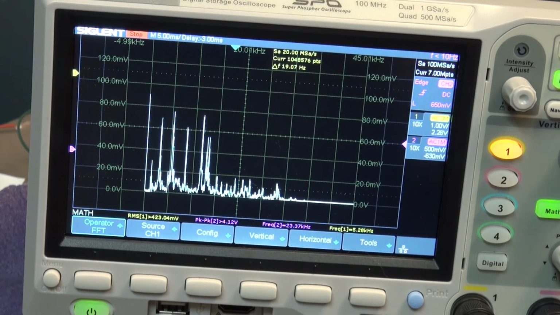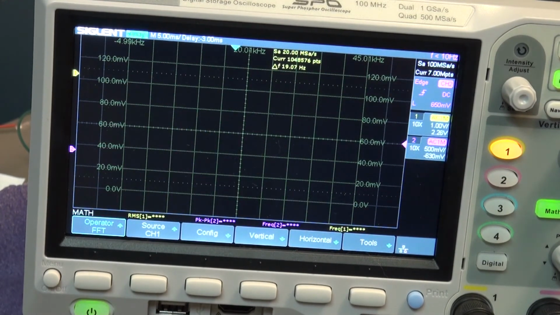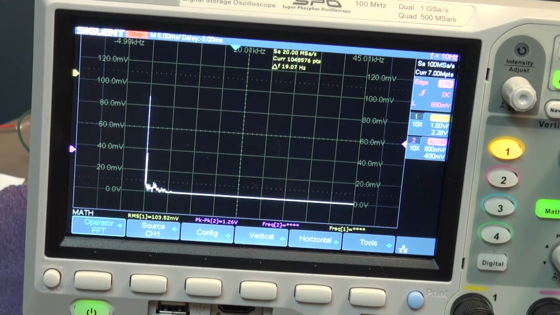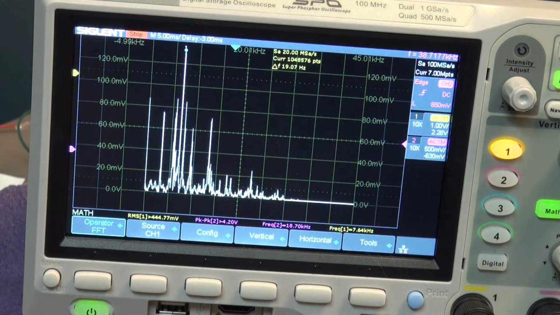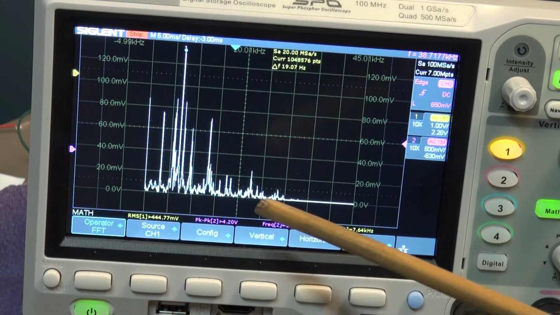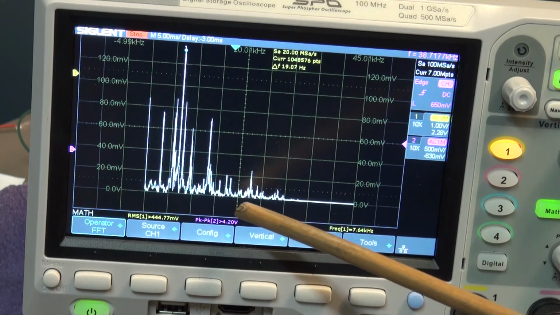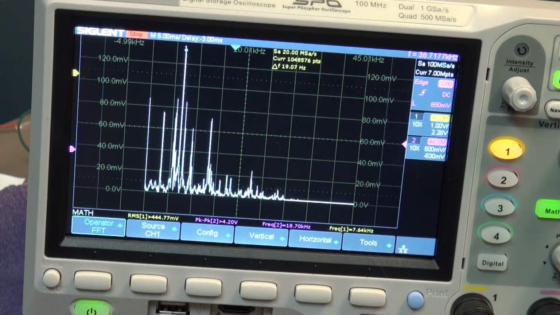So set the oscilloscope back to single triggering and sampling. Oops, it triggered on something I did not want. Okay, here goes. Okay, there it is. Quite a bit of audible range, although there is some between the 20 and the 30 kilohertz region.